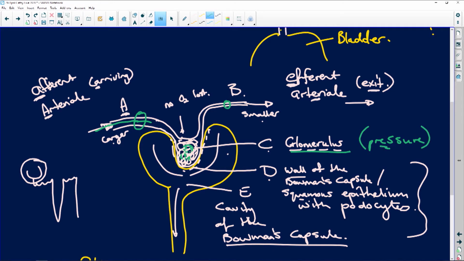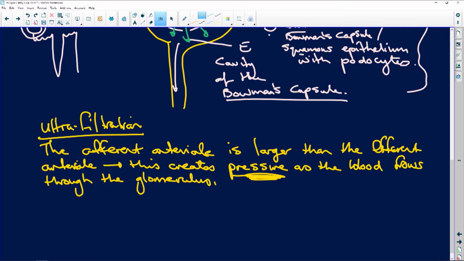It makes sure that all the stuff in the blood here passes through into the Bowman's capsule cavity. Okay, so it pushes it through into here. And that is part of ultrafiltration. Now, we haven't finished. Then, we have the afferent is larger than the efferent, and this creates pressure. That's important. That's number one.